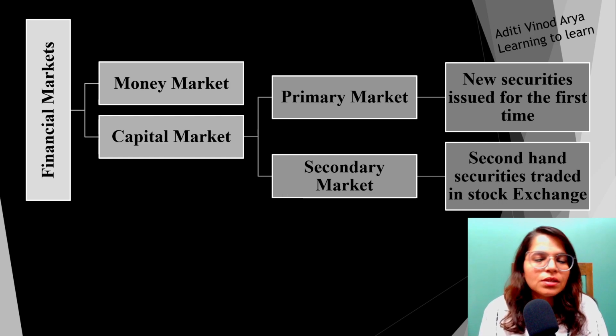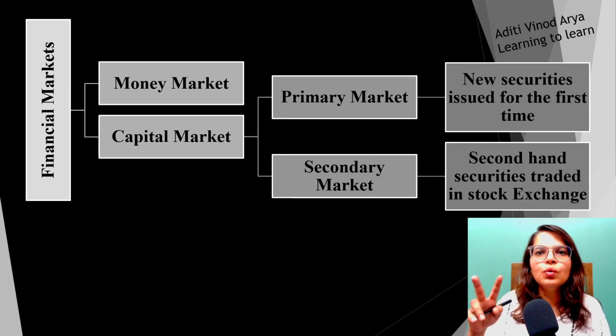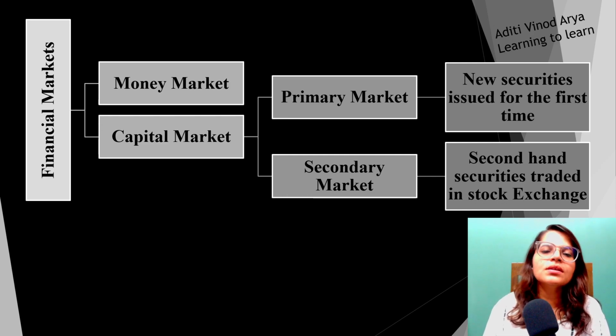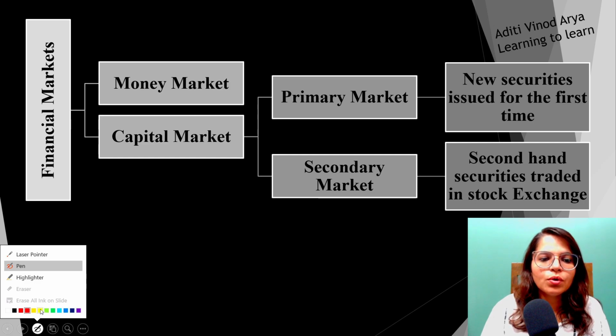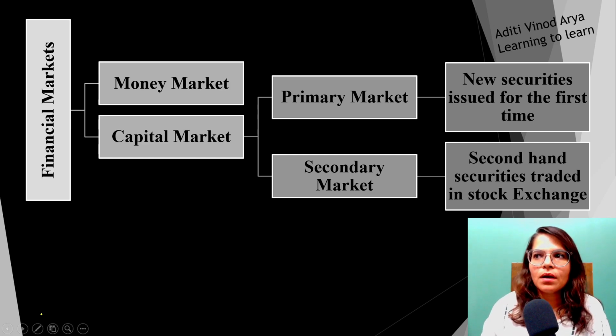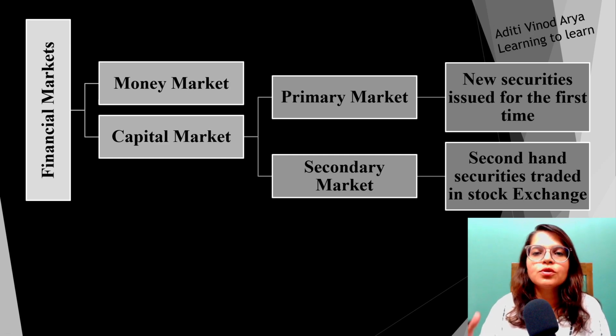Financial markets usually comprise two sub-markets. There is a subdivision of financial markets that could be money market and capital market. So capital market is usually for long term, meaning if I want to invest in a company or anywhere where I can hold my investments up to 1 year or more than 1 year, 5 years, 6 years, then what do I do? I go for capital market.